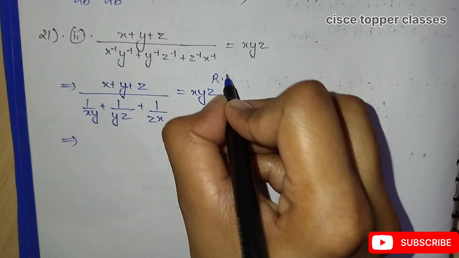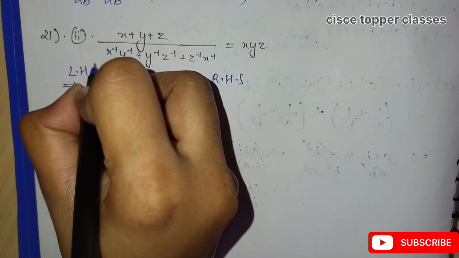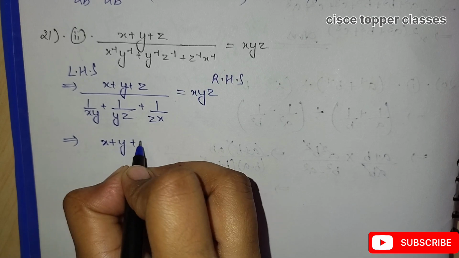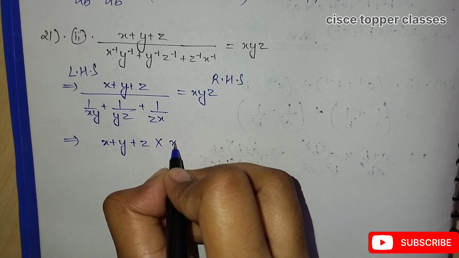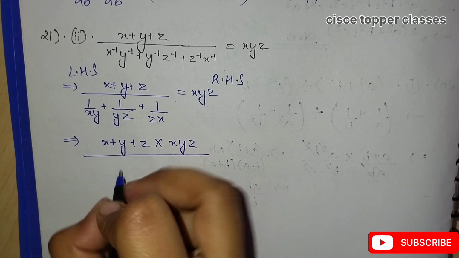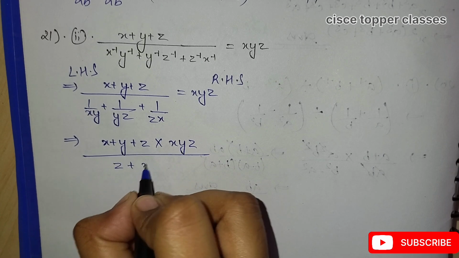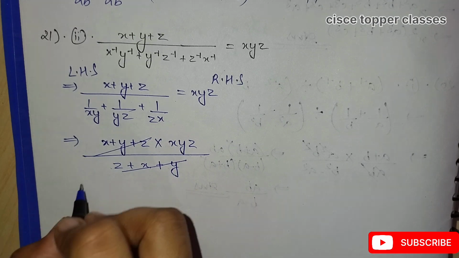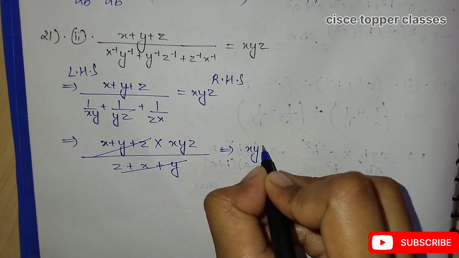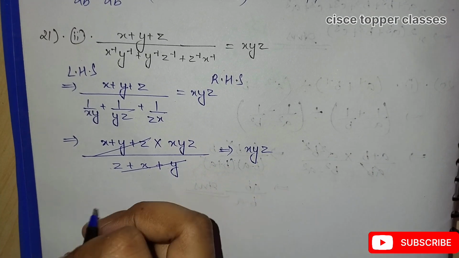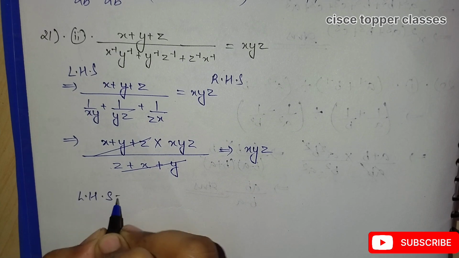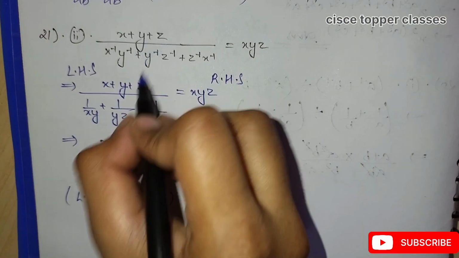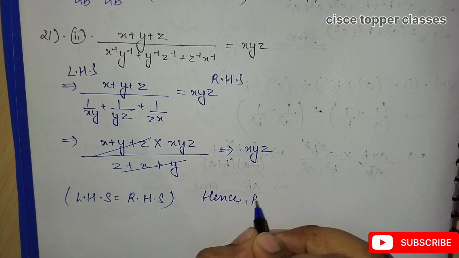This is the RHS part here and this is the LHS part. So let us solve the LHS part firstly. So it will be x plus y plus z into xyz divided by here as z plus x plus y. So this will be cancelled out, x plus y plus z, and here xyz is the LHS here. Hence proved that LHS is equal to RHS in this question. Hence proved that this part is equal to xyz only.